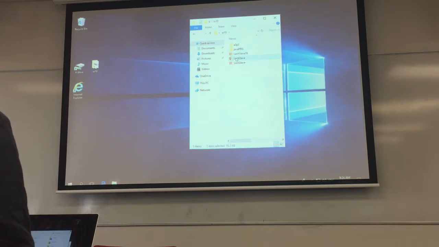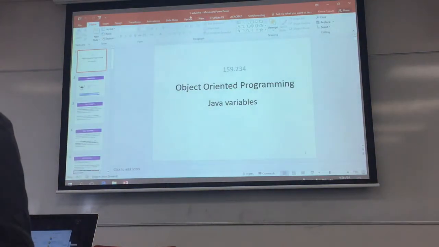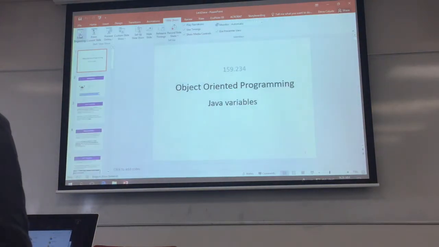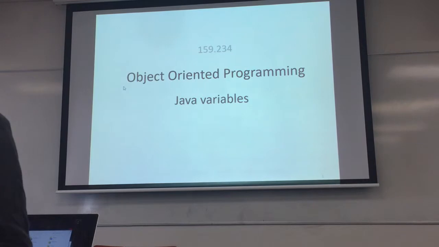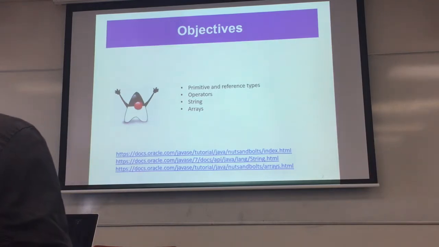Right, now let's move on and see the topic for today, which is Java variables. From Java's point of view, there are just two types of variables in Java, primitive and reference. Two types, they are huge groups.